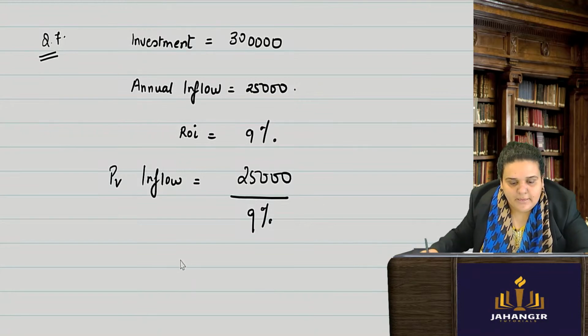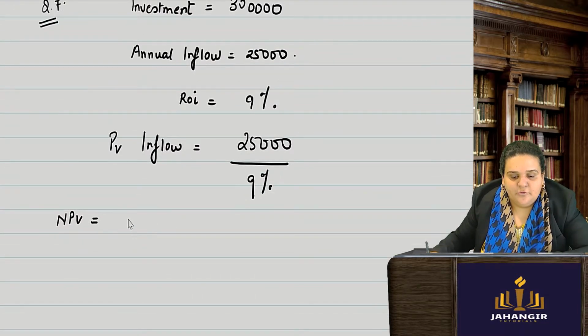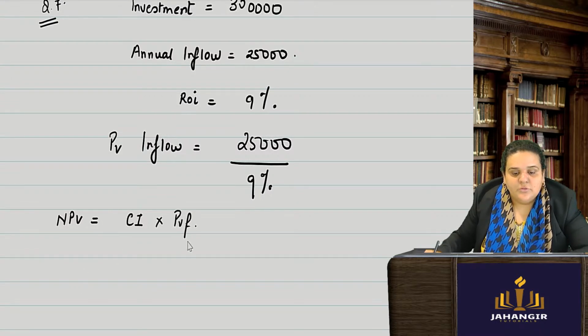Generally, what is the formula? I have told you how we find net present value. It will be net present value of the cash inflows. We do cash inflow into the discount factor rate, at PV factor. Now in order to find the inflow, I will just divide by PV.